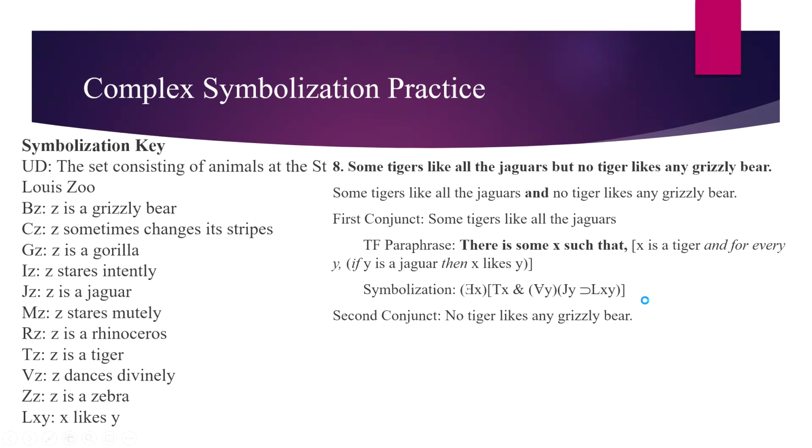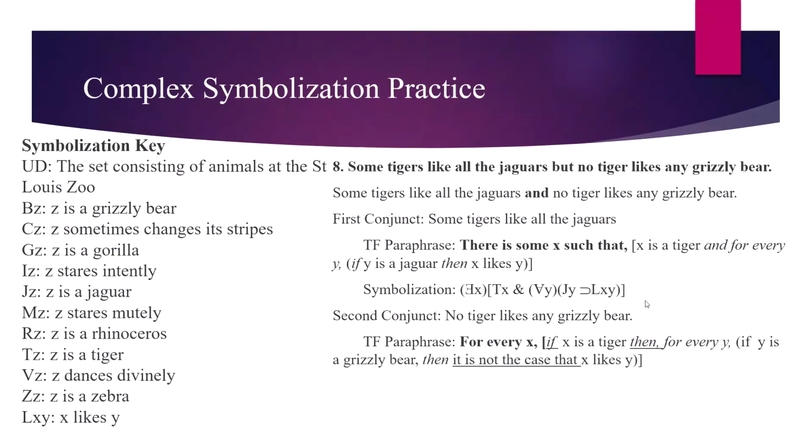Our second conjunct is no tiger likes any grizzly bears. And again, these no statements, there's a couple of ways to do it, but I'm going to do it this way, treating it as a universally quantified material conditional. So we need to say, for every X, if X is a tiger, then it's not the case that X likes any grizzly bear.